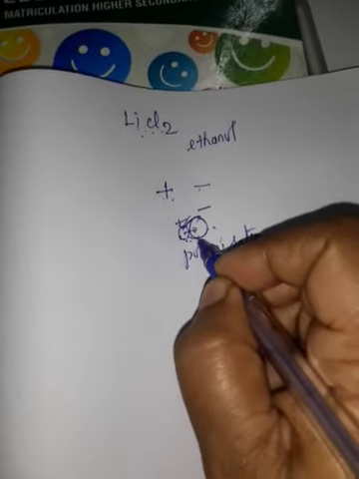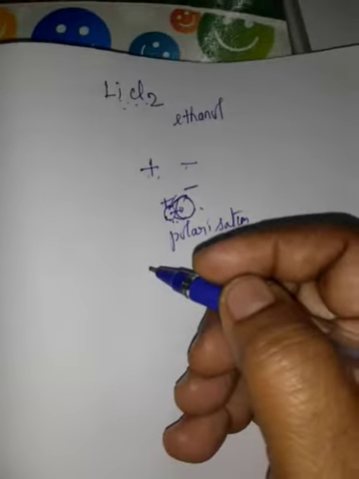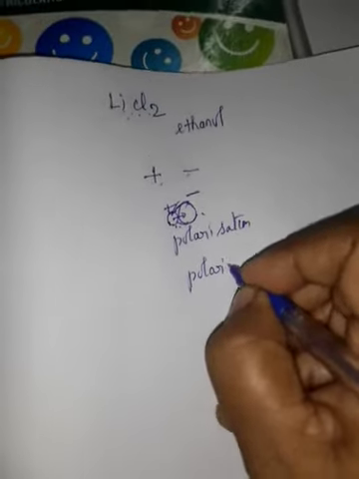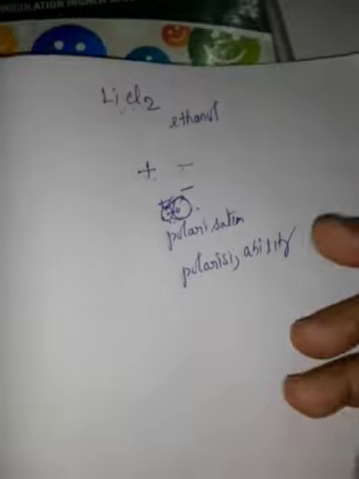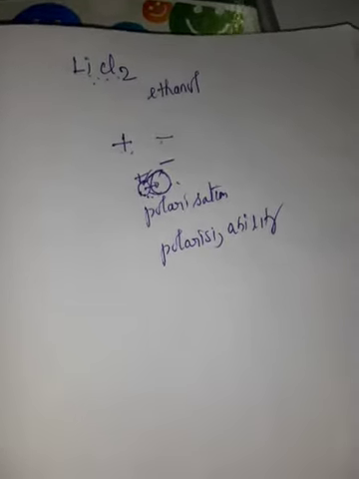This is called polarizing ability. And because of that, the anion has a tendency to get polarized.